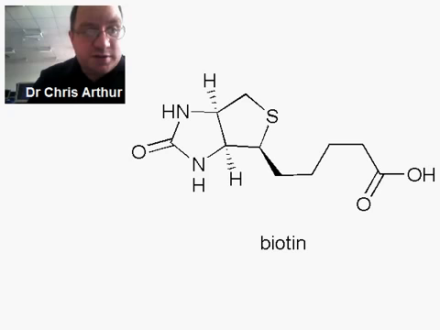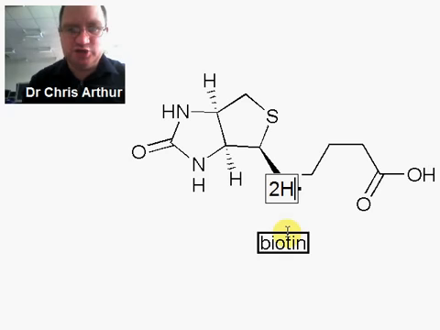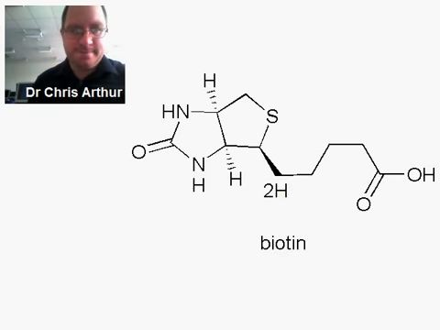We can count the number of hydrogens we have. So on this position here, for instance, we have 2 bonds that we can see. Carbon makes 4 bonds, so that means we have 2 hydrogens that we can't see, that aren't shown, just for clarity. Likewise, here, this carbon atom has 1, 2, 3, 4 bonds to it.